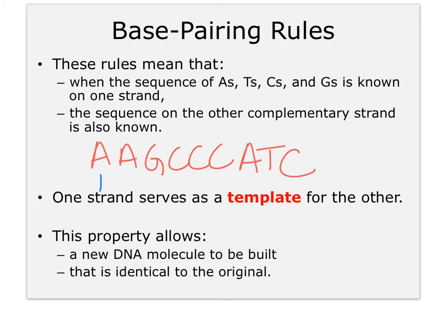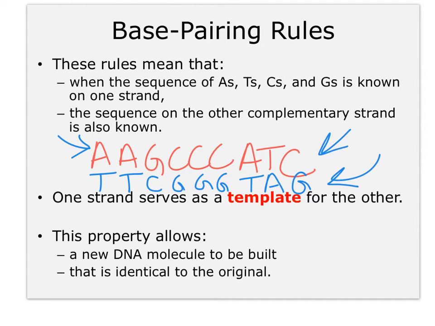Well, if A's always go with T's, C's with G's, G's with C's, and T's with A's, you know the other strand. So on the exam, when they say one strand of DNA looks like that, what does the other strand look like? All you do is write that, and bingo, points.